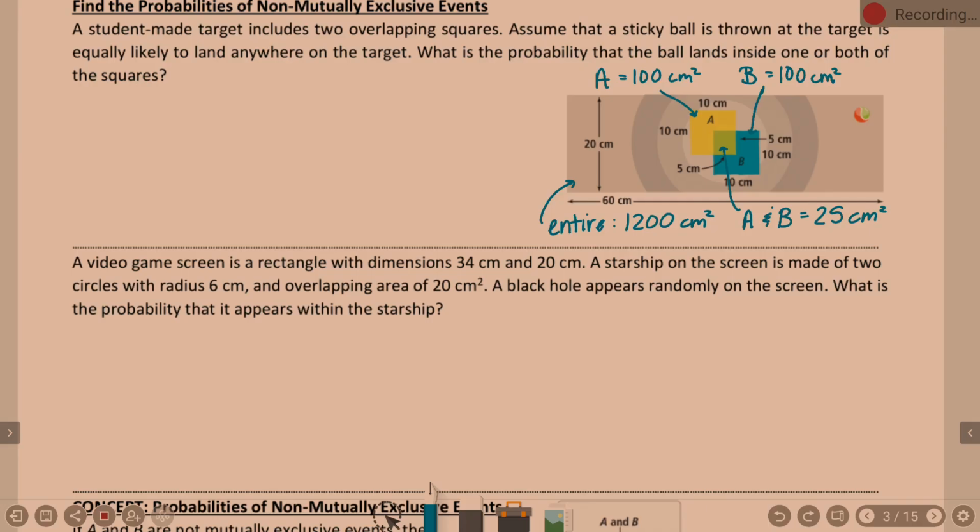So I would say that's pretty much all the information we need. Now, I'm not going to find the probability quite yet. But let's just talk about A or B. Eventually we're going to be looking at the probability that the sticky ball lands in A or B. What does that look like in terms of numbers?